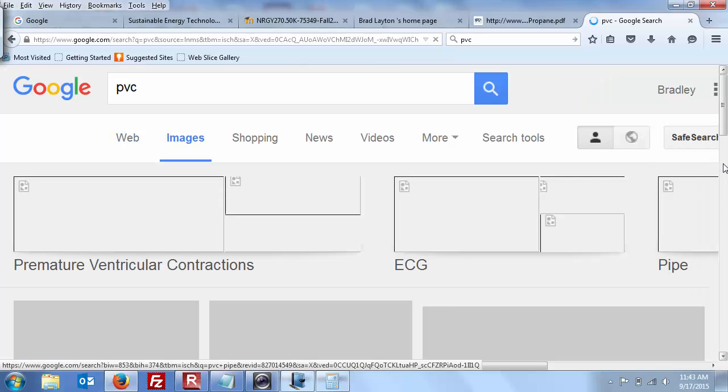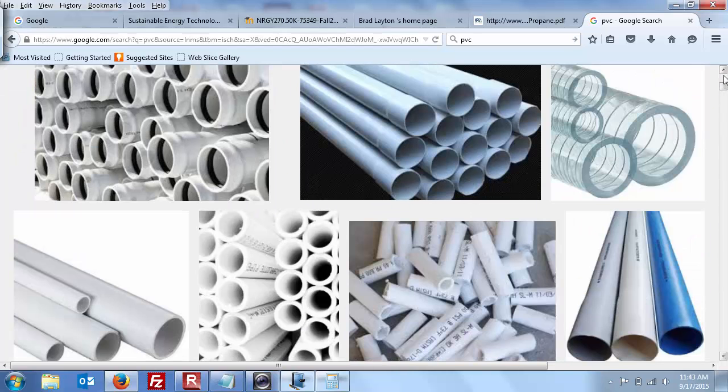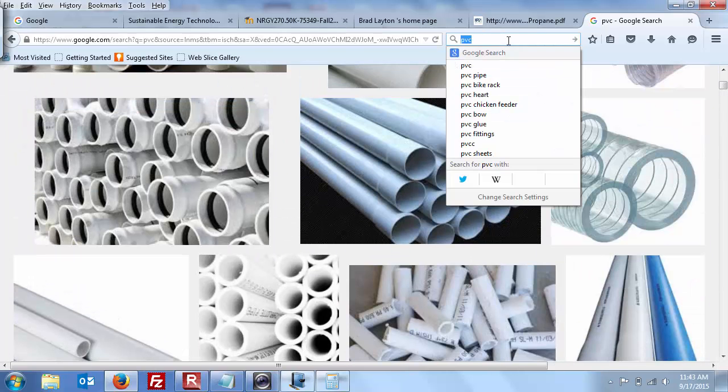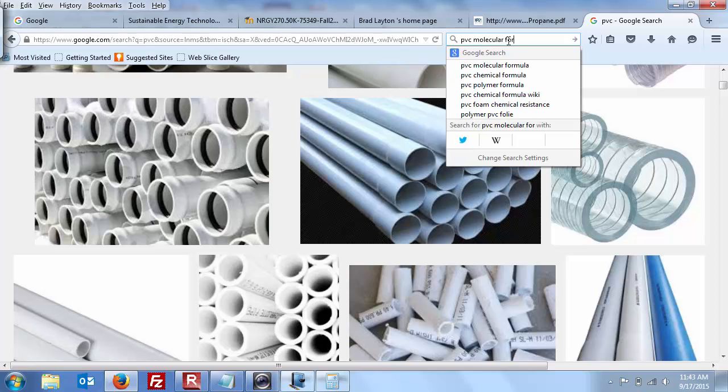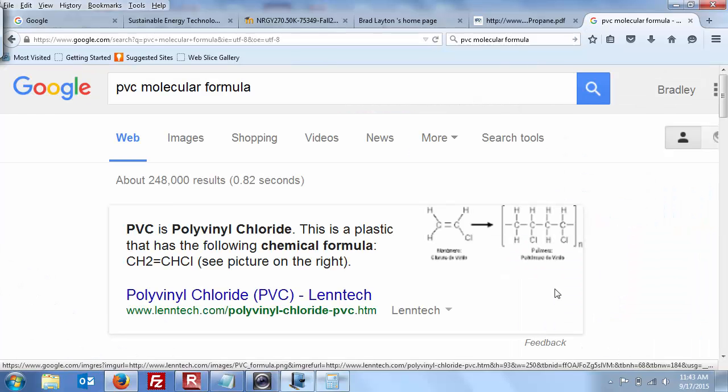Images, polyvinyl chloride. Let's do it this way. Molecular formula. Oh, so it's polyethylene, except you got chlorine in there still. Pretty dang simple. Super simple.